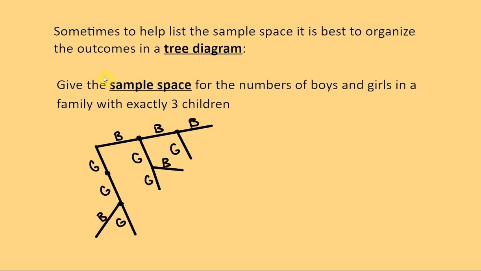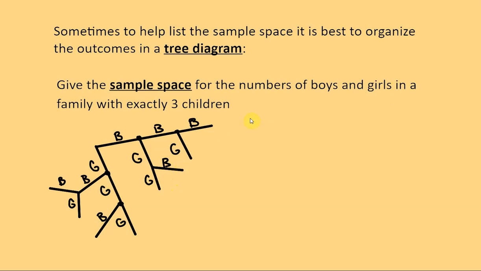Or we could have 1 girl and then a boy and a girl. Or we could have a girl, a boy, and a boy. So we could use this tree diagram to help us determine the sample space for the number of boys and girls with exactly 3 children.